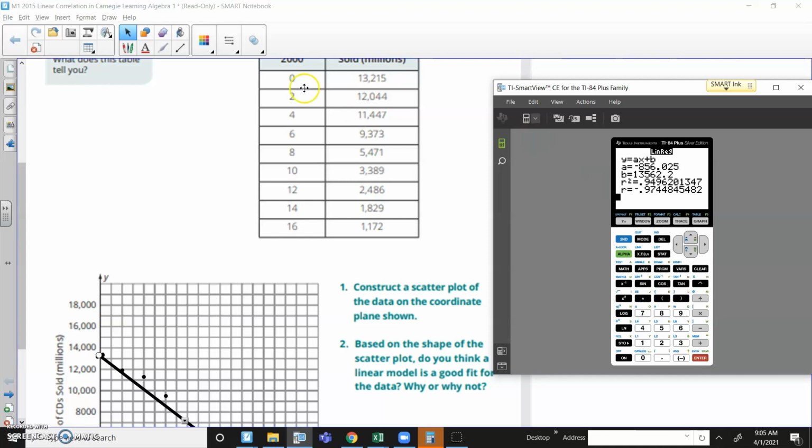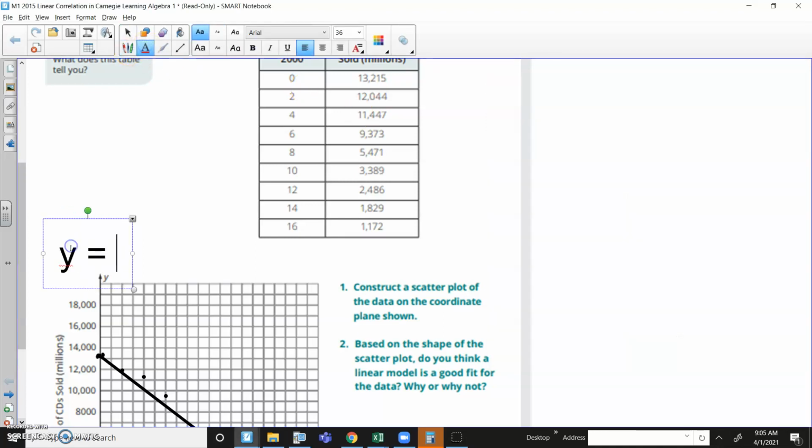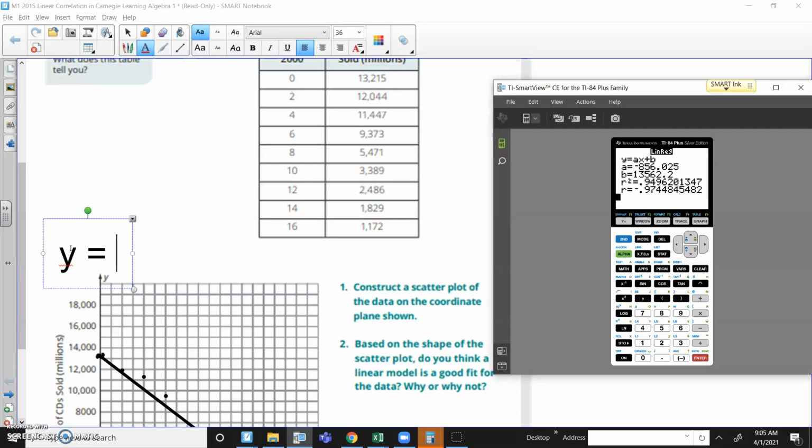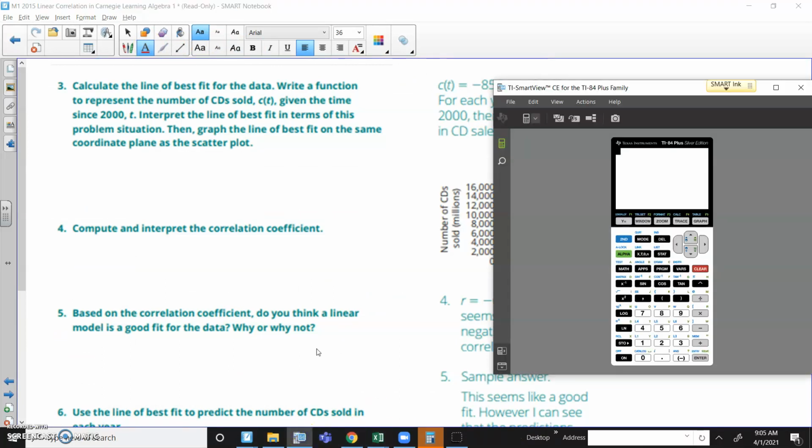It looks like the equation, I'll just type it over here, it's y equals negative 85.6. Oh, it's not going to let me type at the same time. I've already got it typed on the other screen, so let's just jump to that. So they're giving you that equation, and I will bring the calculator back up so that we can see exactly what I'm saying about that.